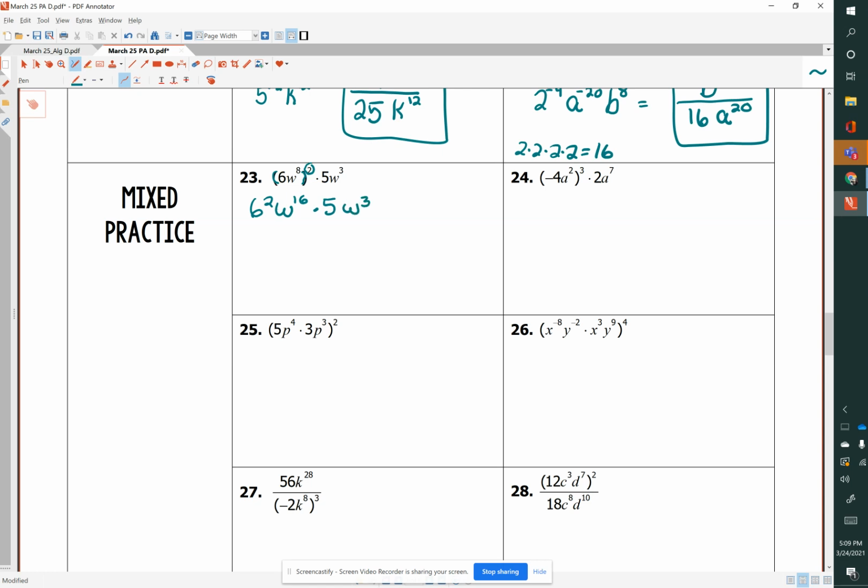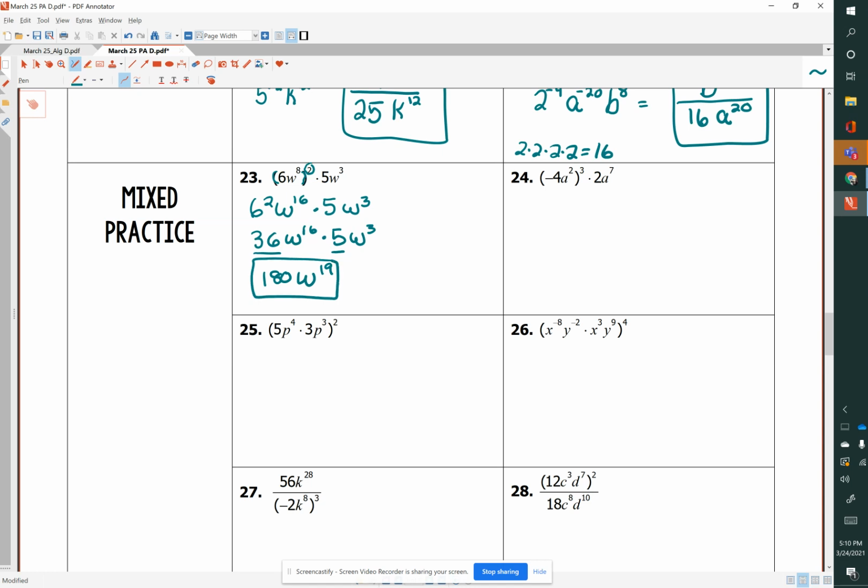Now 6 squared is 36, and we have w to the 16th, times 5w to the third. 36 times 5 is 180. And then when we multiply, we add the exponents. So on the w's, 16 plus 3 is 19. And then that is our final answer.